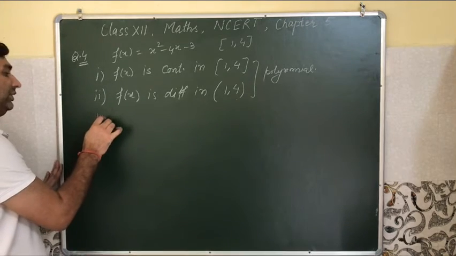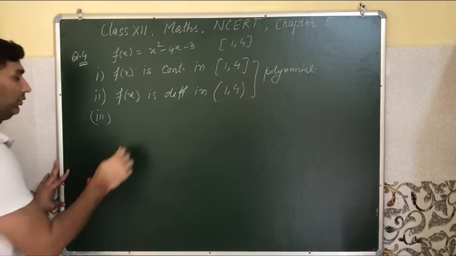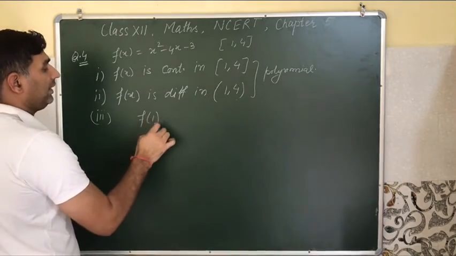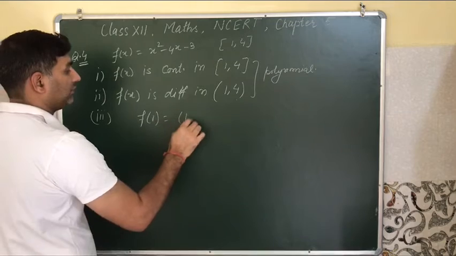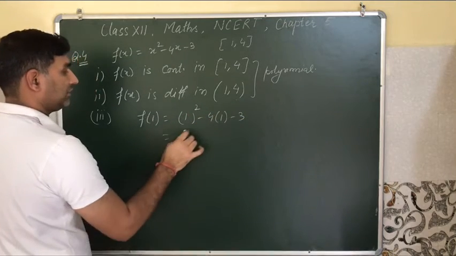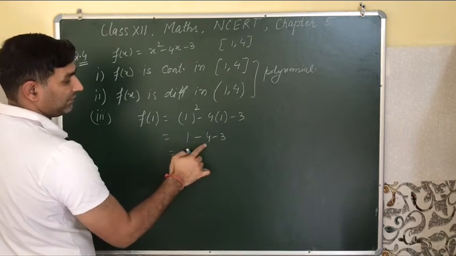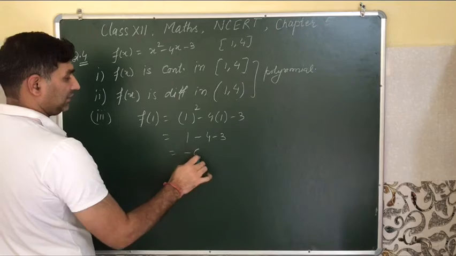Then third condition is f of 1 not equal to f of 4. ये condition आनी चाहिए हमारी. f of 1 is equal to 1 square minus 4 into 1 minus 3. This value is 1, minus 4 minus 3. Then this value is minus 7 plus 1, minus 6.